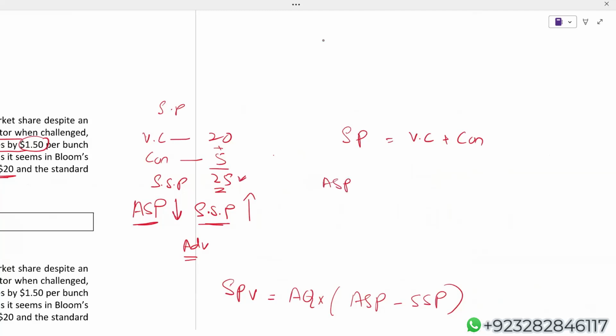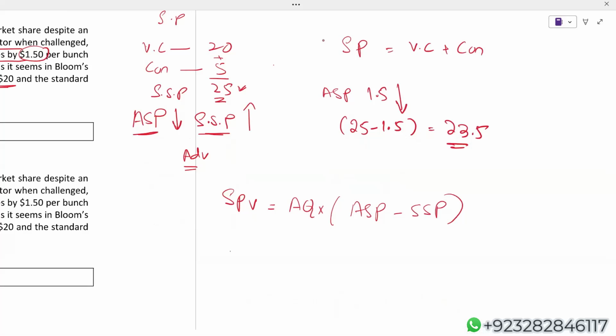Actual selling price is 1.5 lower than the standard selling price. It is written in the question, because it is mentioned that they had to reduce the price by 1.5, which means that actual selling price is 25 minus 1.5, which gives us 23.5.